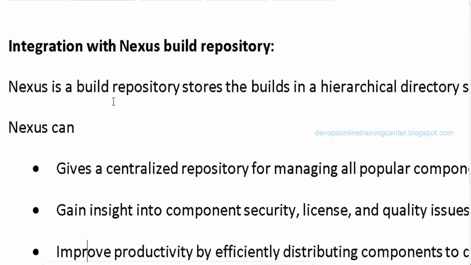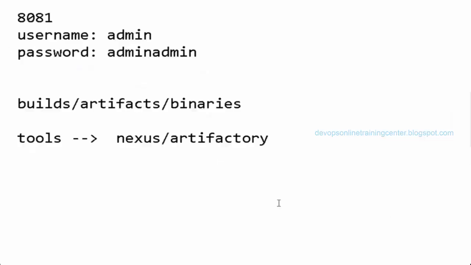If you want to practice, just go through this document. The options are clearly mentioned: how to add a slave, how to add a user, how to generate the keys, and all the stuff is there. In the same way, how to install Nexus is also there. The steps are given properly in the document.